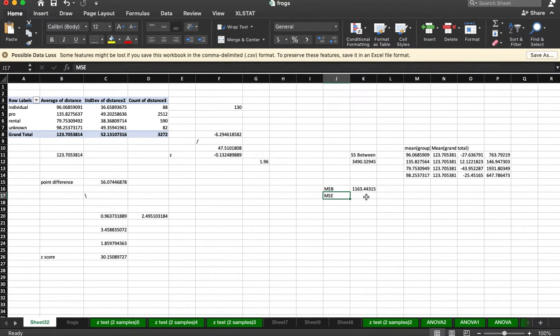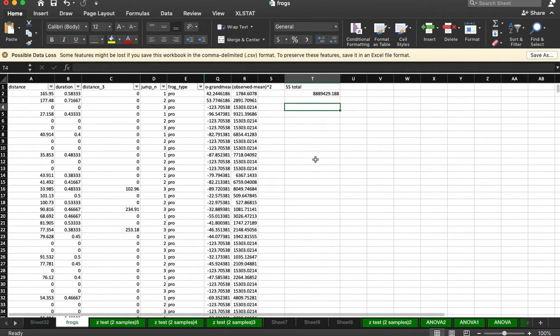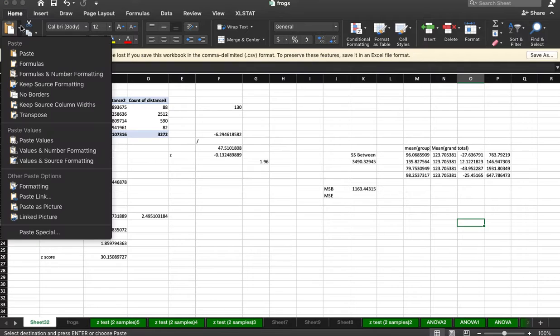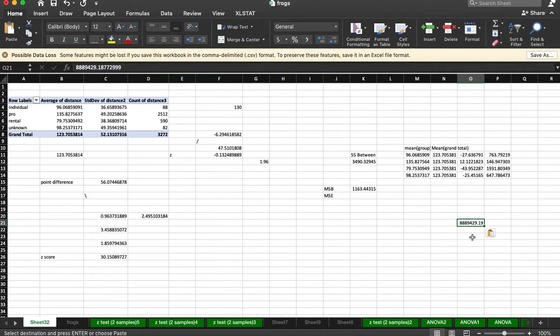To get our mean squared error, we will take our total sum of squares, just bring the value over here. So our sum of squared error is the total sum of squares minus the sum of squares between. So that number.